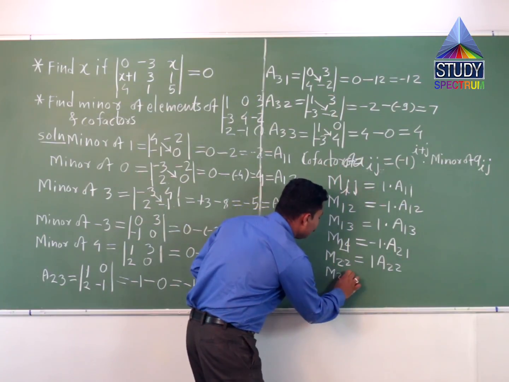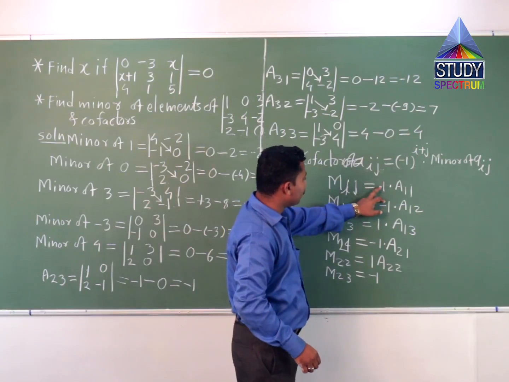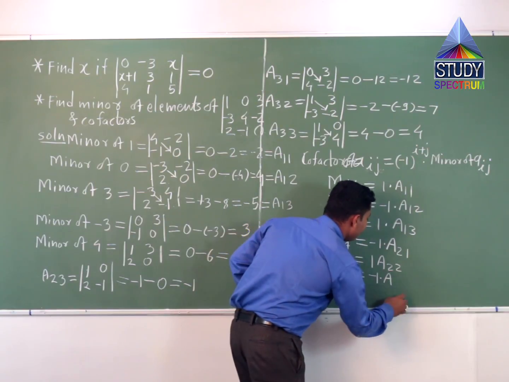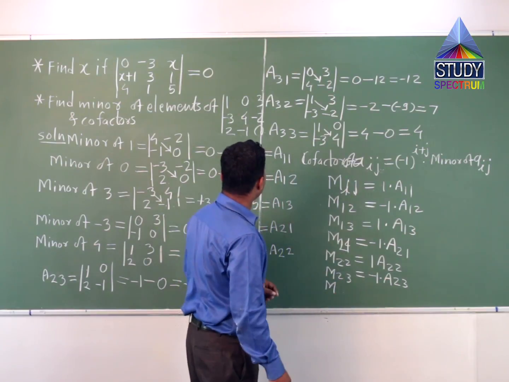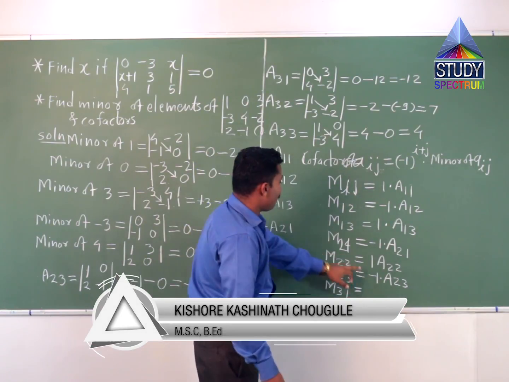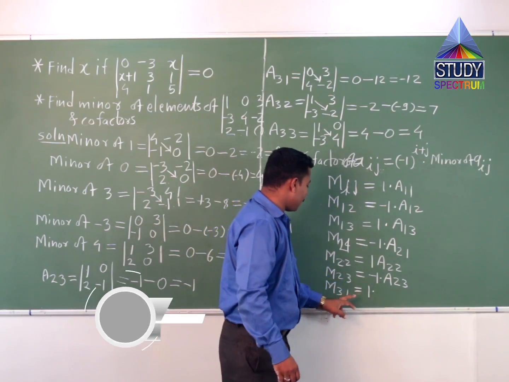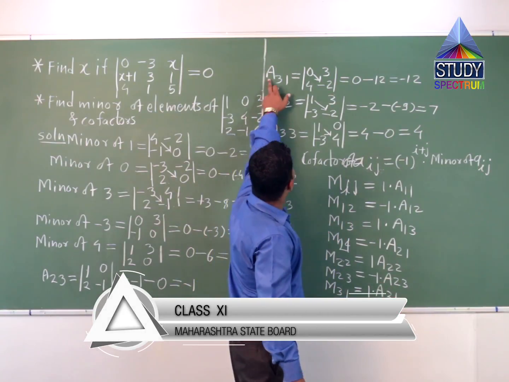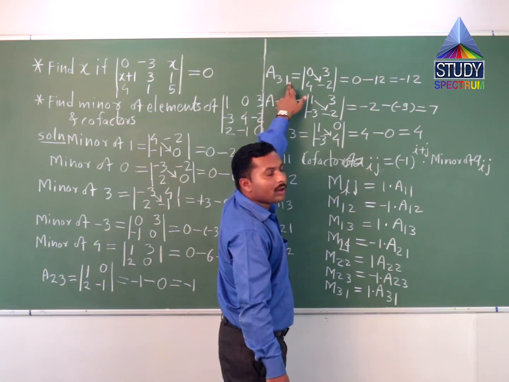Again M23 equals, here positive, here negative, alternating plus 1, minus 1, plus 1, minus 1, into A23. Again the last row: M31 equals plus 1 into A31, the minor of the third row and first column number.